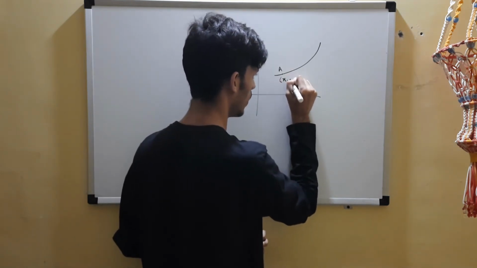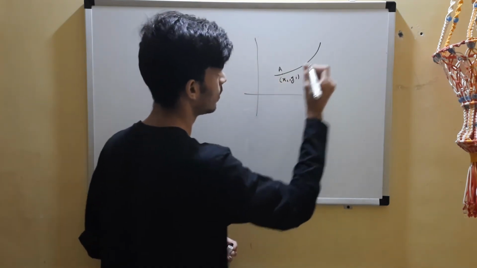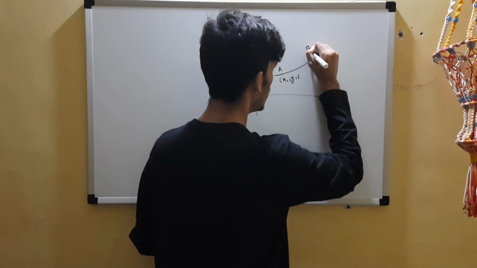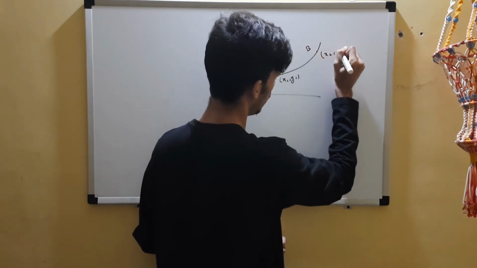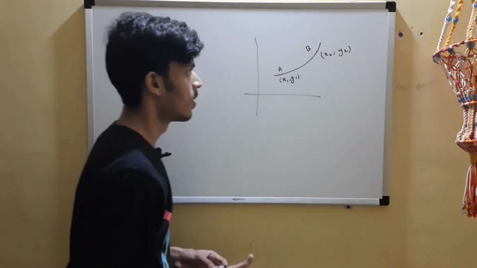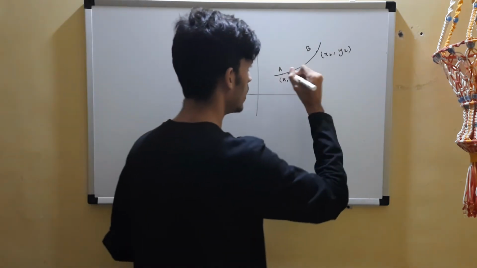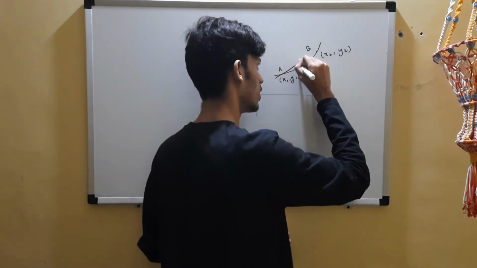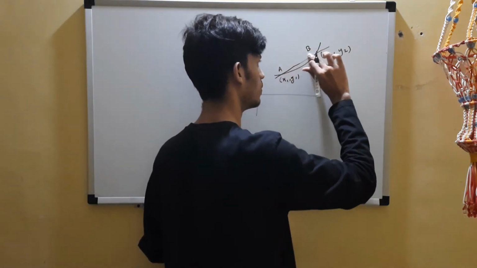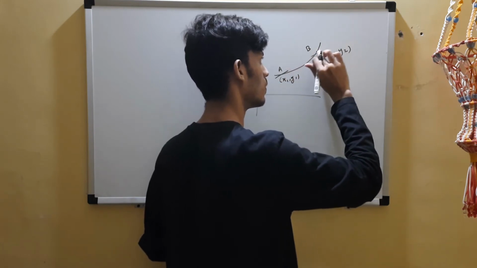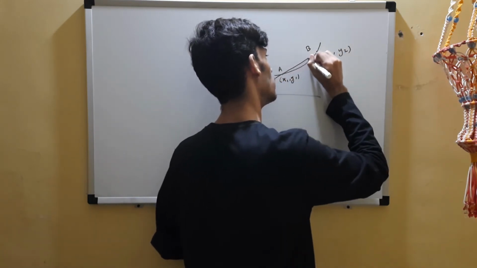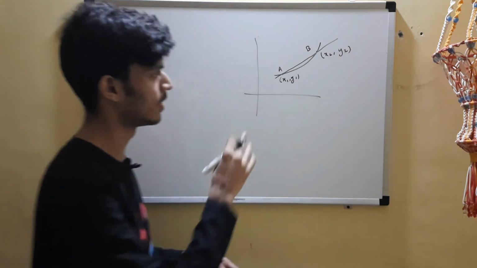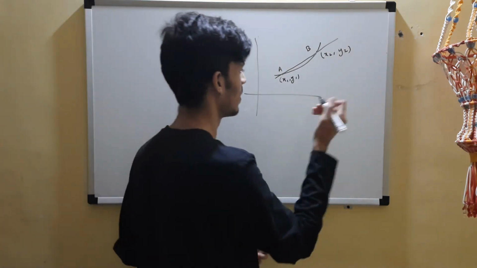Suppose the coordinates are x1, y1 of this point, and B is x2, y2. If you go to see, you can draw a line through these 2 points, a chord. It doesn't look straight, but it is straight.